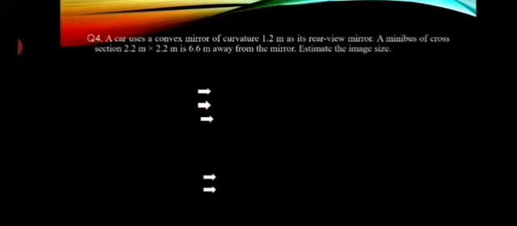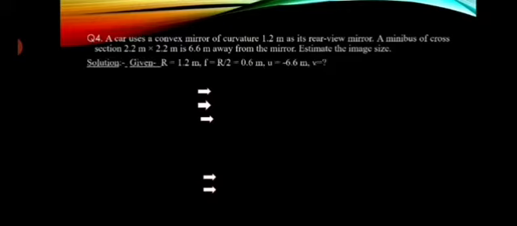Now a minibus of cross section 2.2 meter into 2.2 meter is 6.6 meter away from the mirror. So here the object distance is given as 6.6 meter and the dimensions of the bus are given as 2.2 into 2.2. We have to estimate the image size.